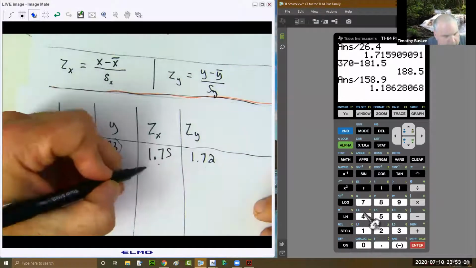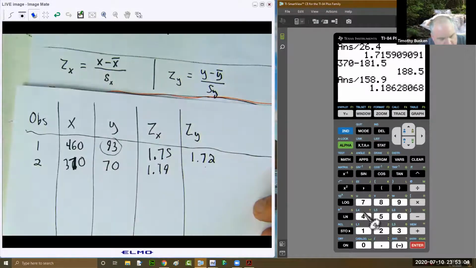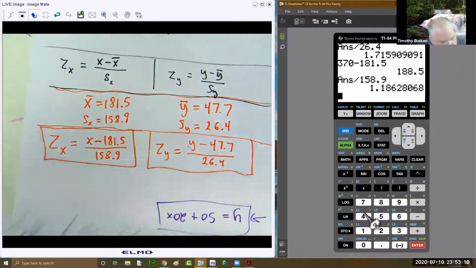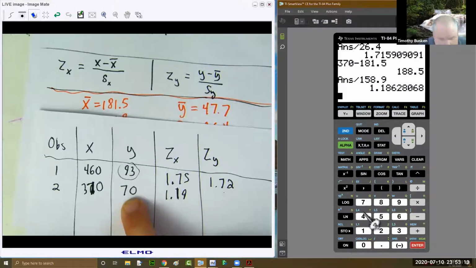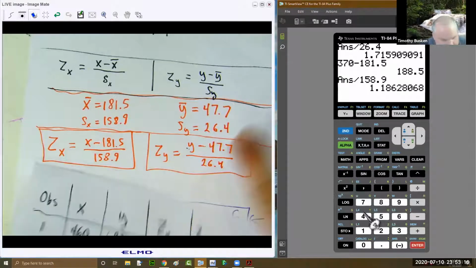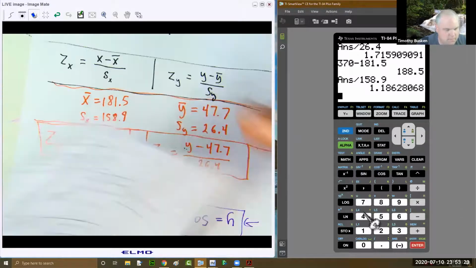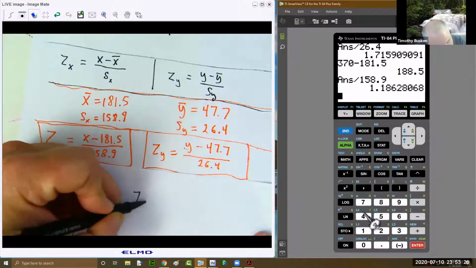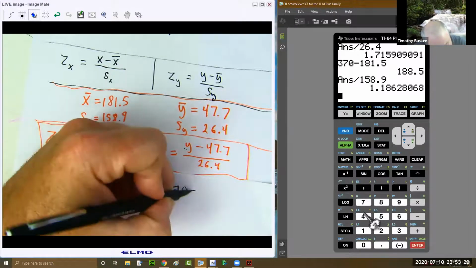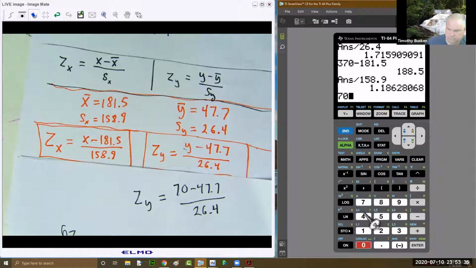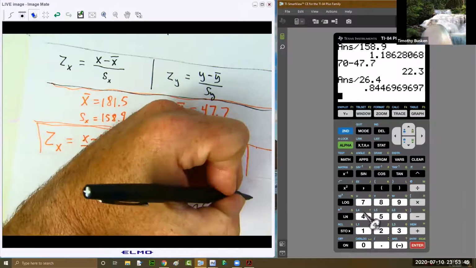And so that means this is 1.19 for zx here. And then finally the zy for this observation, we just have to put 70 in for y into this formula here. We're getting about 0.84 standard deviation lengths.